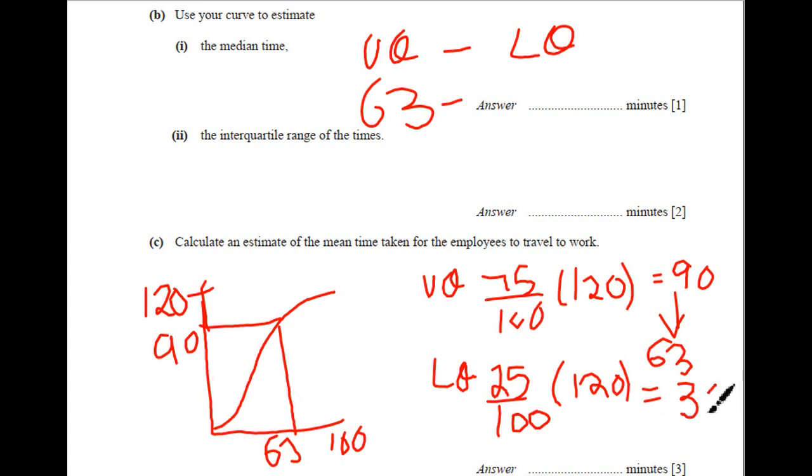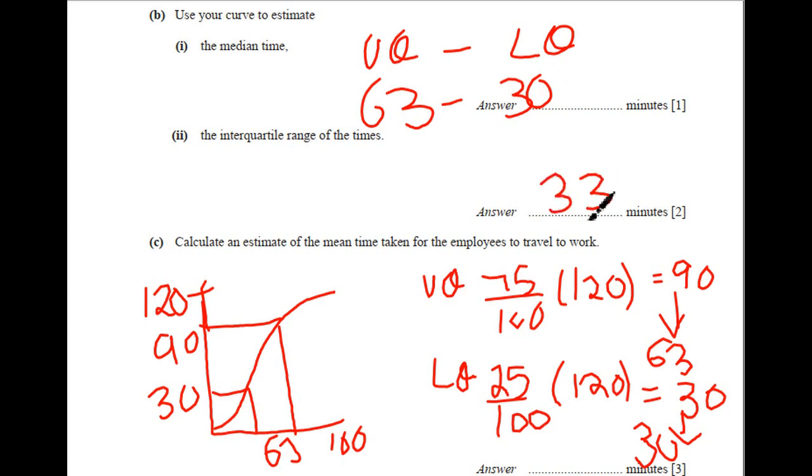Now find the corresponding value on the x-axis, which gives me something between 30 to 32. Read from your graph. Let's say I'll use 30 and minus 30. So 63 minus 30 is 33. So 33 is my interquartile range.